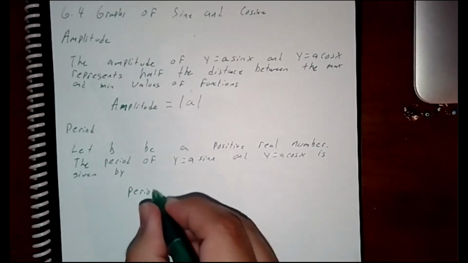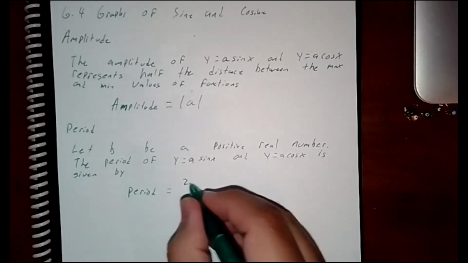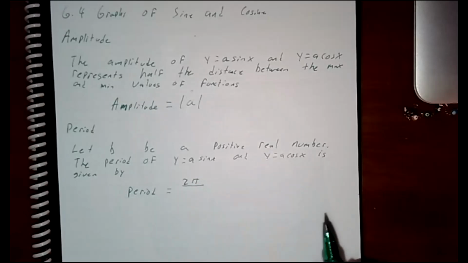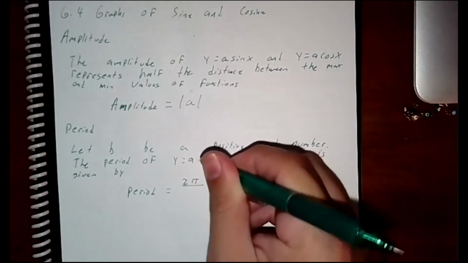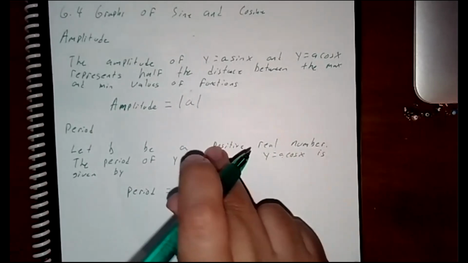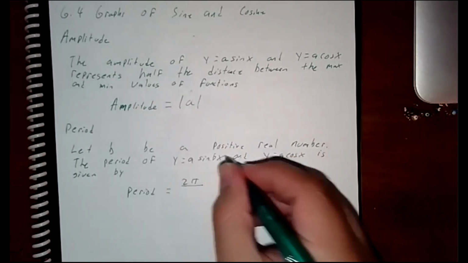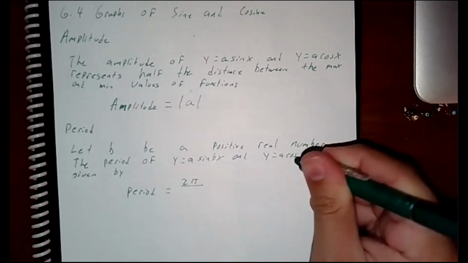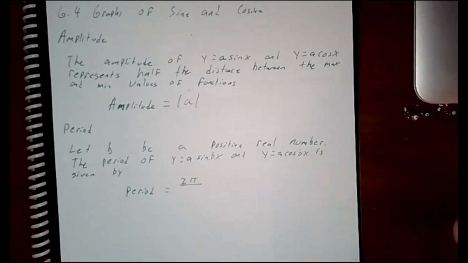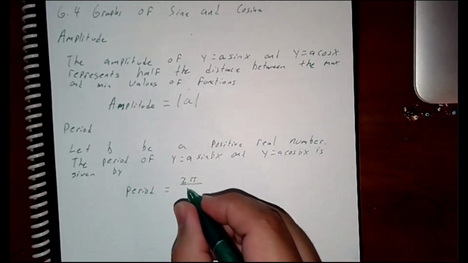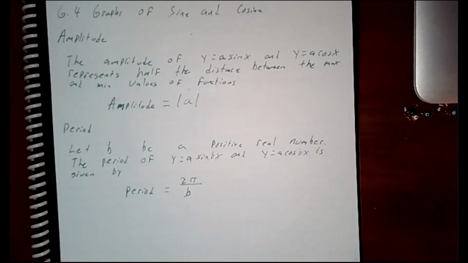So the period will equal 2 pi divided by b. Oops, forgot one little detail here. The sine x should have a b, it should be sine bx and cosine bx. Sorry about that. So 2 pi over b. So whatever number is next to the x, that's going to be what divides into 2 pi.